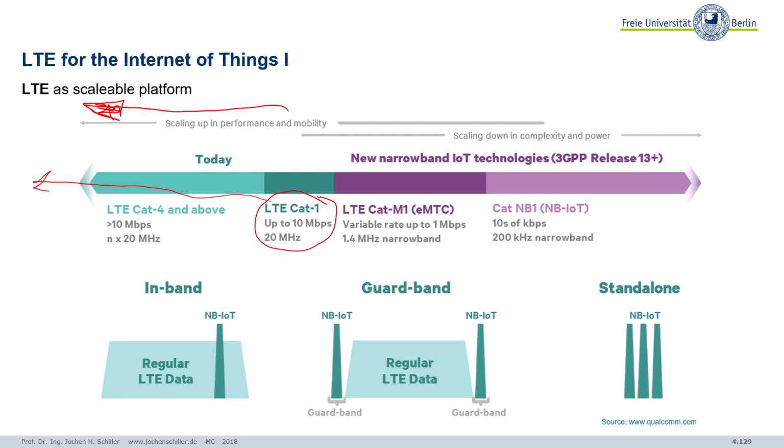You also have to scale the system down in complexity, scale it down in power. Maybe not that mobile, not that high data rates. Machine type communication. Evolved MTC, machine type communication. So we have machines communicating with each other with a controller.